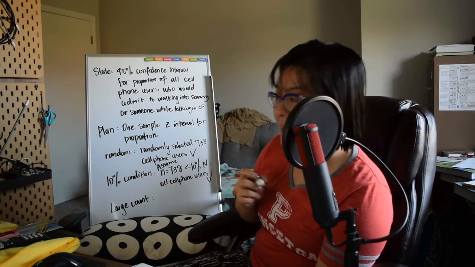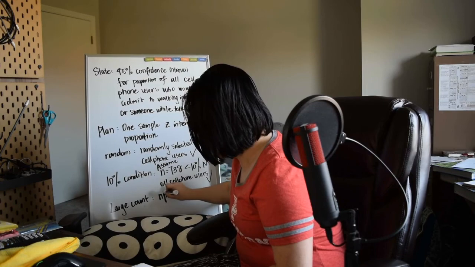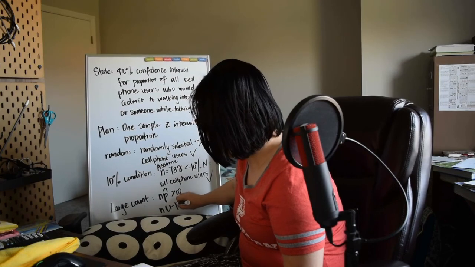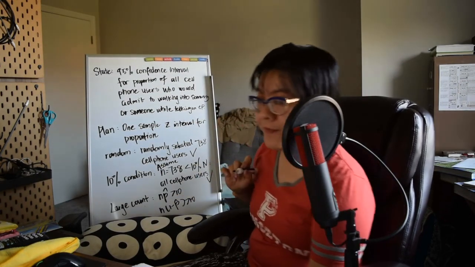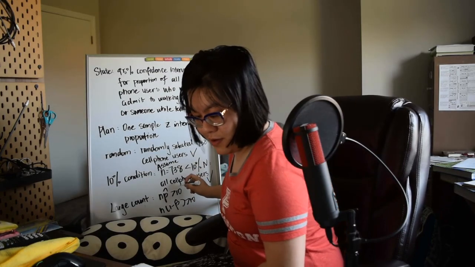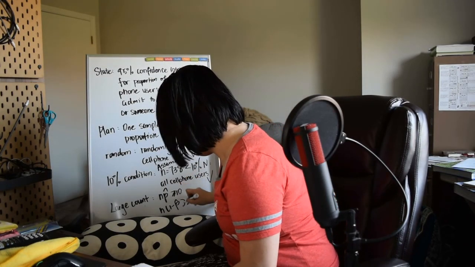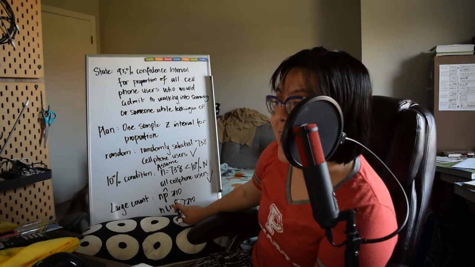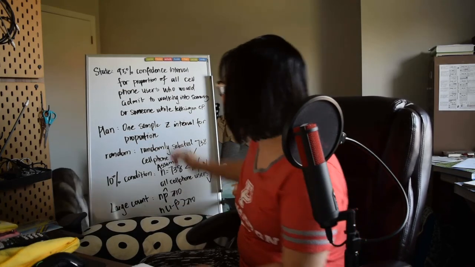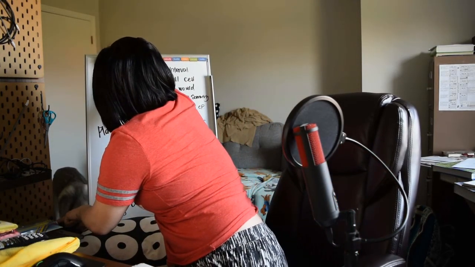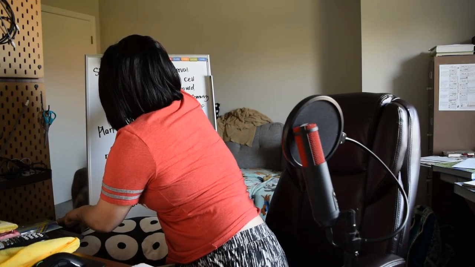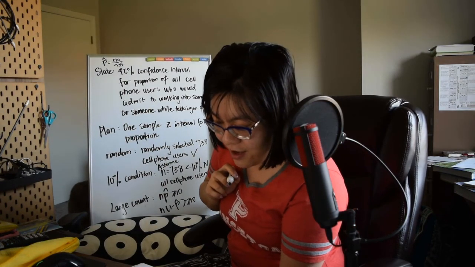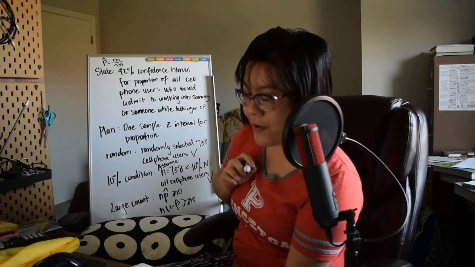The large count condition is saying n times p has to be greater than or equal to 10, and n times 1 minus p also needs to be greater than or equal to 10. At the beginning we said n is 738 and the count is 170, so the proportion will be 170 divided by 738, which I get 0.2304.